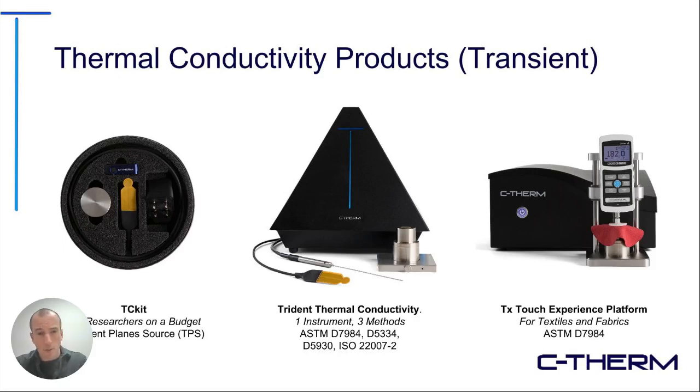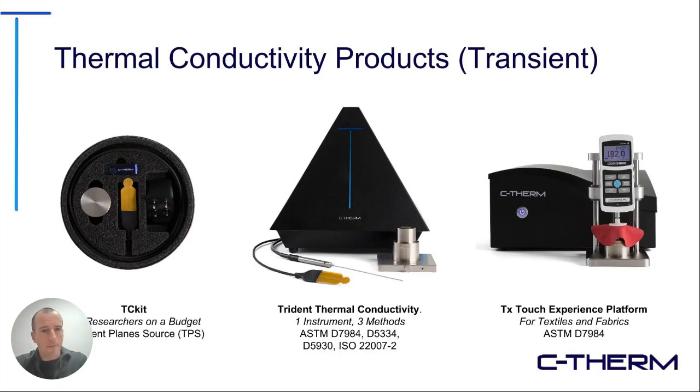It provides a great tool to kind of get in the game in terms of being able to generate some thermal conductivity data. There was a nice webinar Sarah referenced just before we started the recording, really walking us through the background of this kit and what it can and can't do.